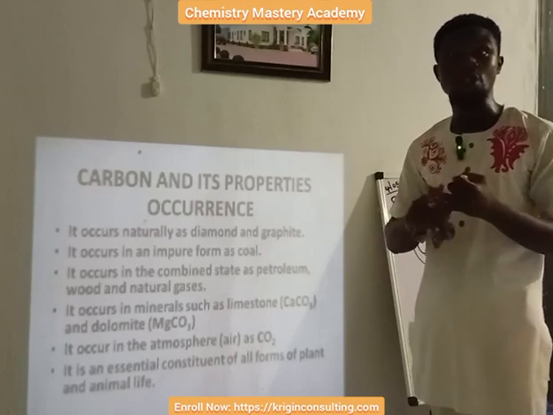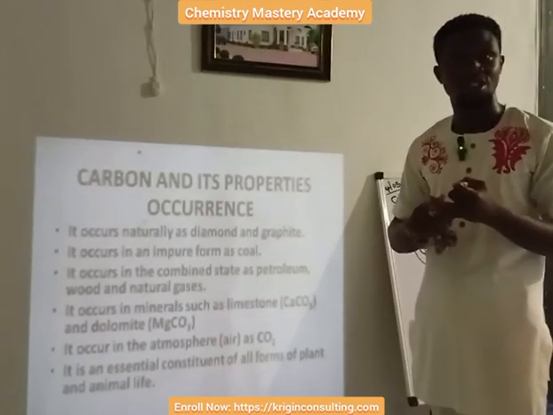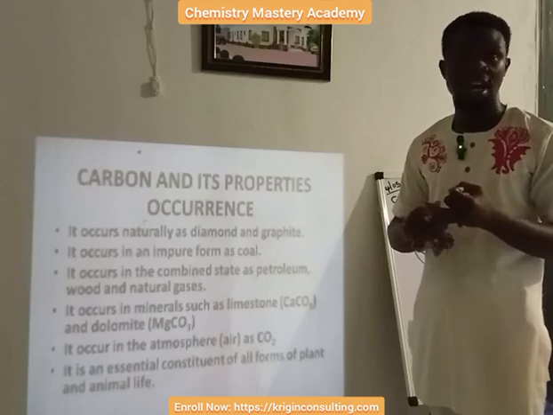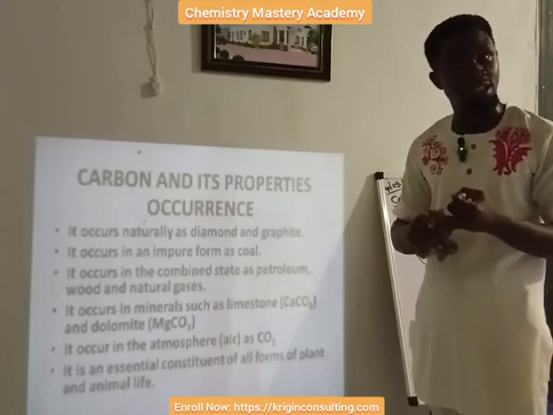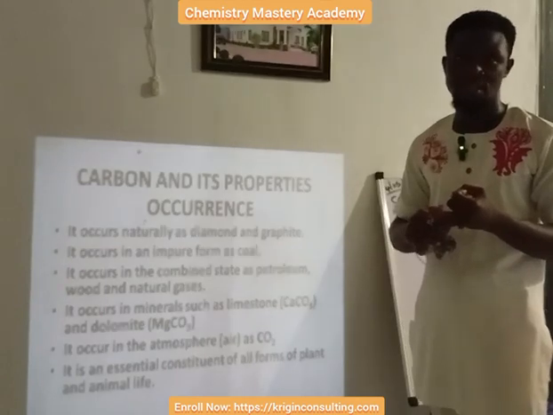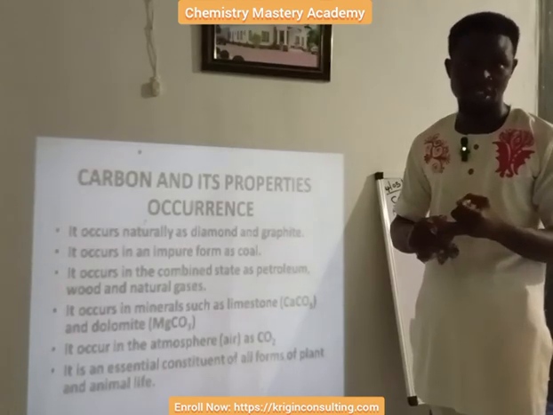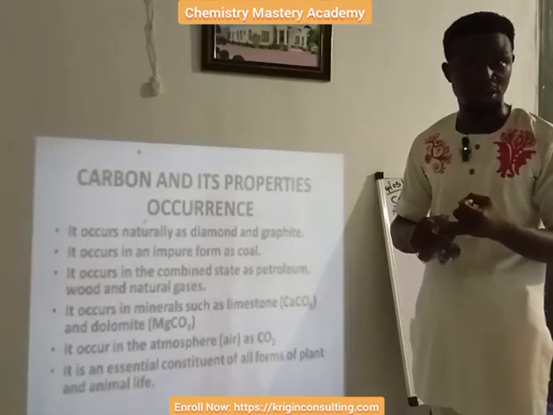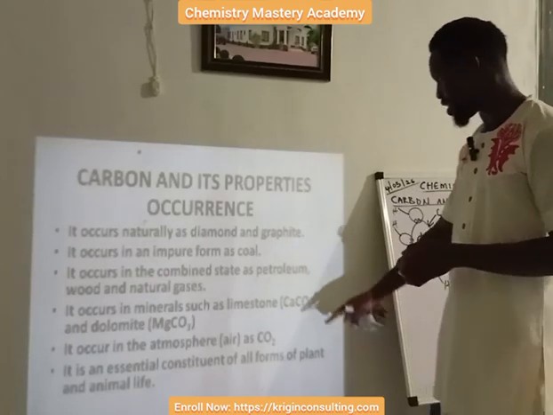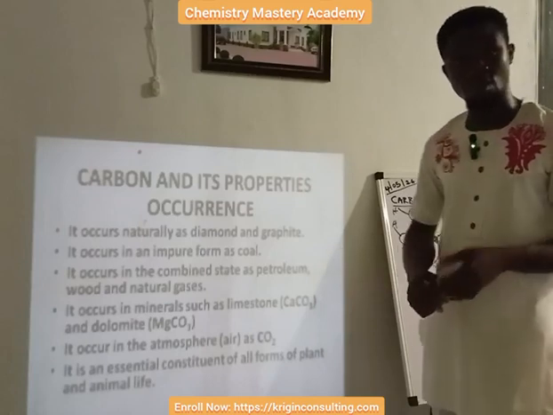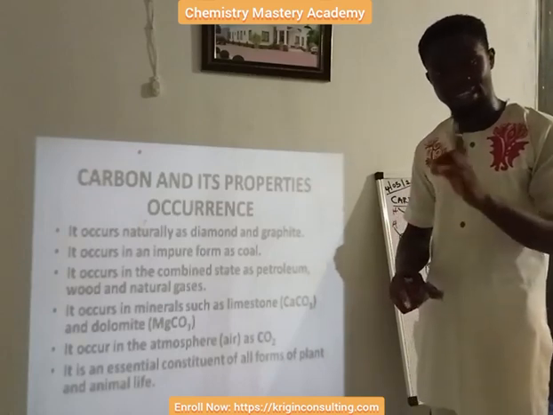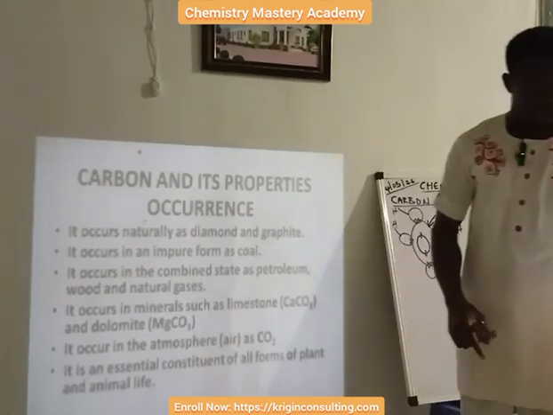Man also needs carbon, because if you are taking in oxygen and you are not breathing out carbon dioxide, it's as good as the person is not healthy, is it not so? Good. That's how I said it is an essential constituent of all forms of plant and animal life.